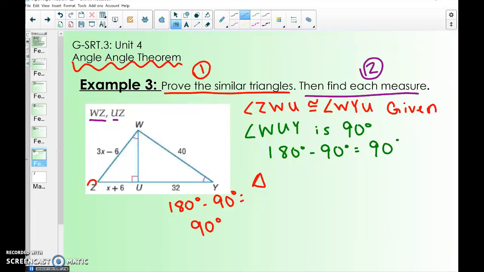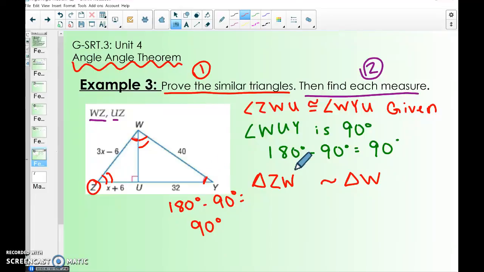But let's see, so Z, when I rotate it, matches with W up here. So Z, I'll leave a little space, and then W. Okay, if I move along the triangle, this matches with this.